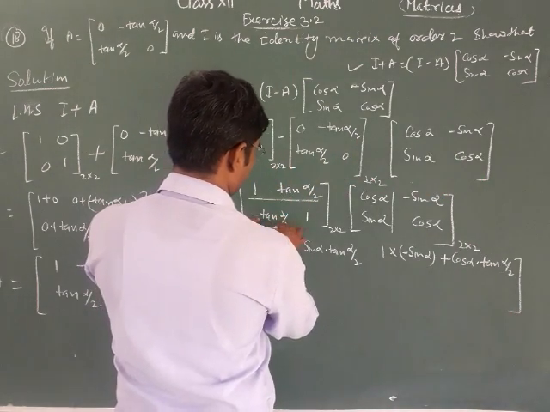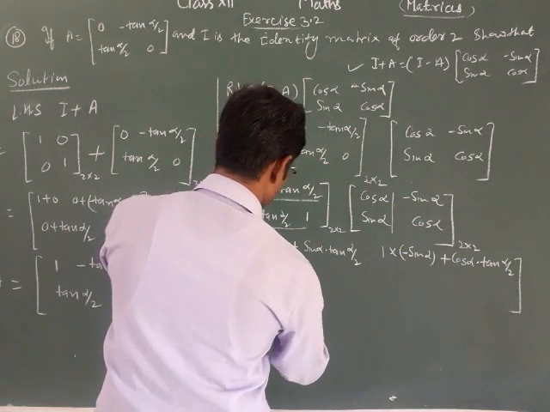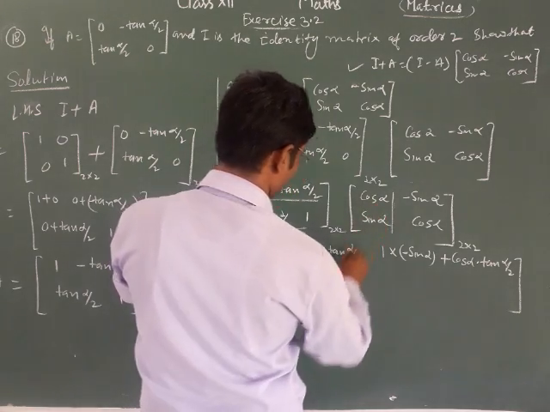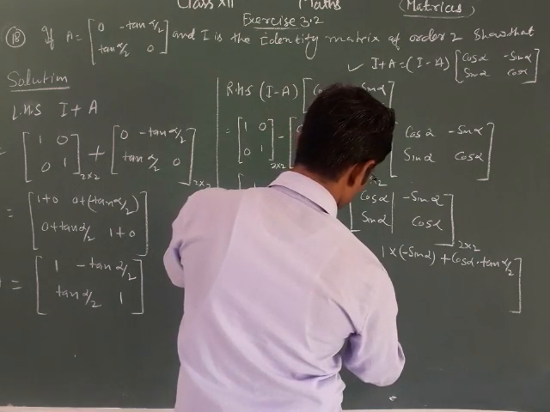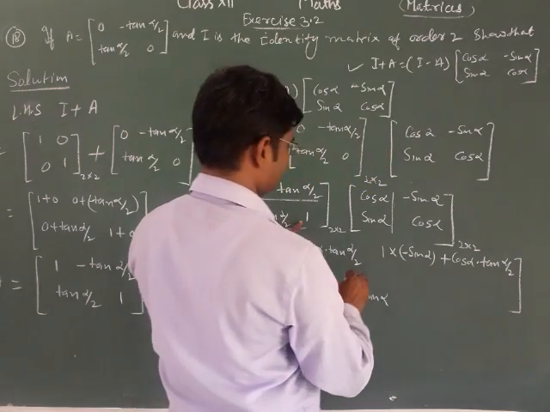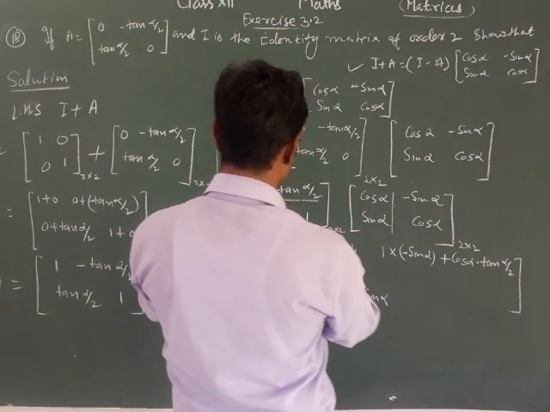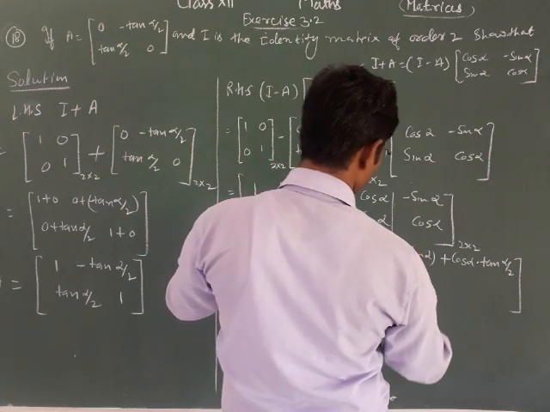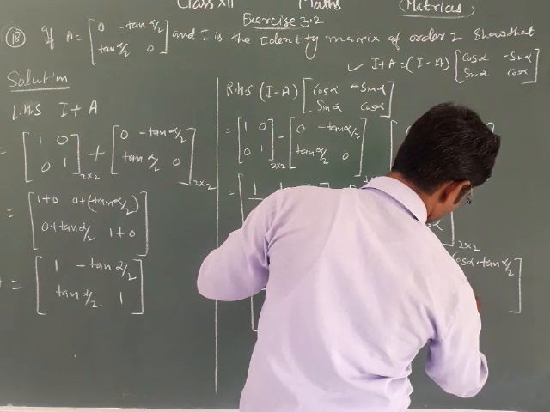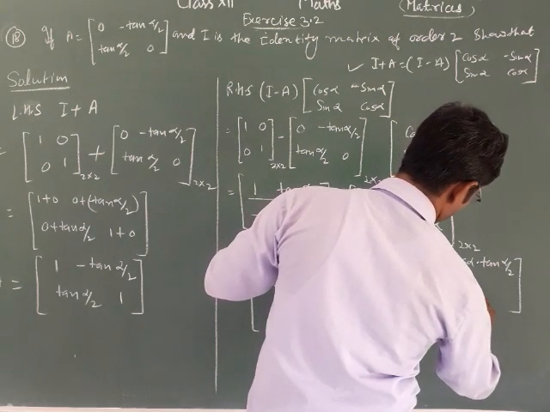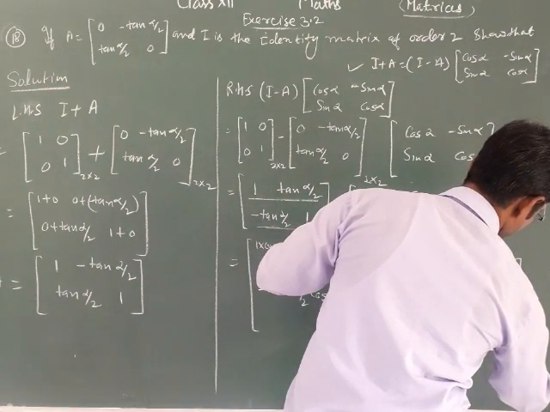Also, taking second row and first column, we get minus tan alpha by 2 into cos alpha plus 1 into sin alpha. And also taking second row and second column, we get minus tan alpha by 2 into minus sin alpha plus 1 into cos alpha.